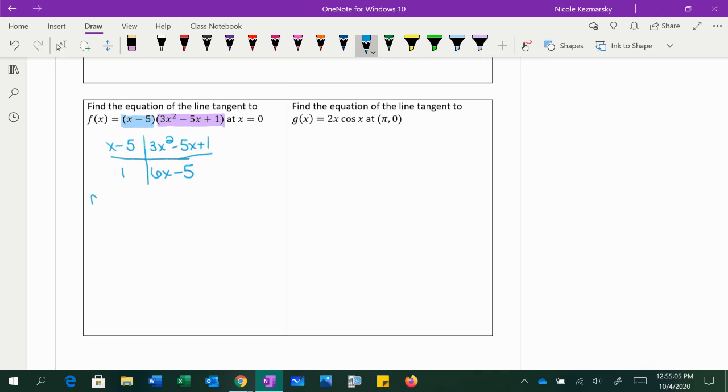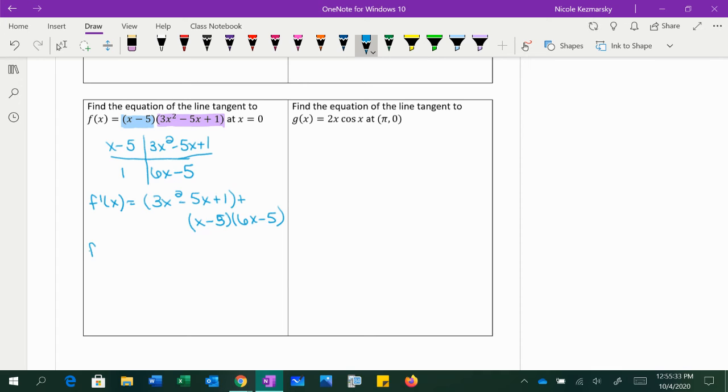So setting up my derivative, I'm going to say f prime of x. I'm going to do 1 times 3x squared minus 5x plus 1, plus x minus 5 times 6x minus 5.